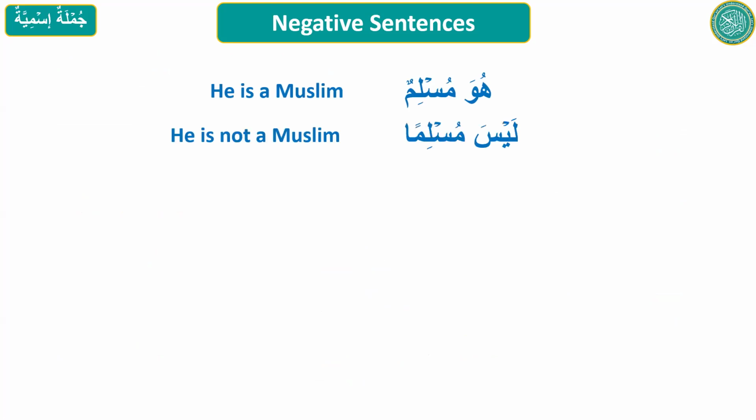So anybody can tell me, I want to say they are not Muslims. How to say that? Sadiq Bal? Assalamu alaikum. So, they are not Muslims. You would have to change Laysa to Laysu, and then Musliman would become plural, so it would become Muslimina because there has to be nasab.